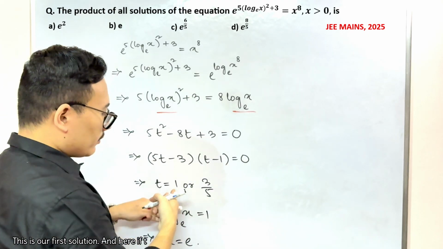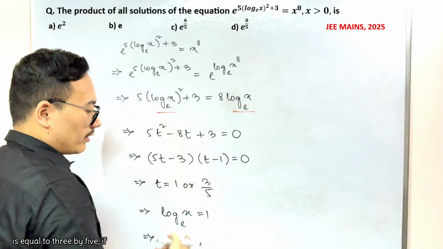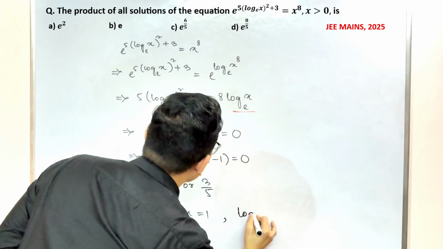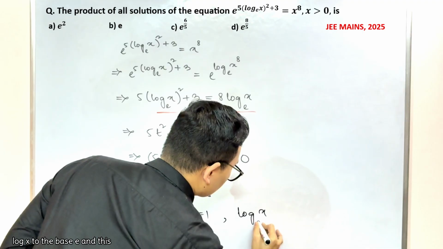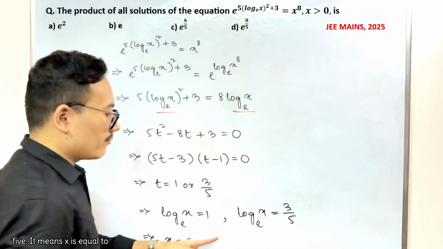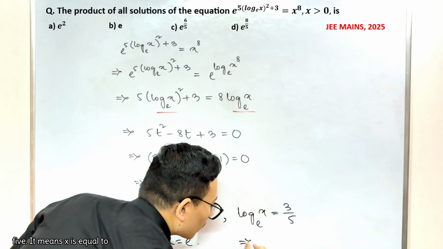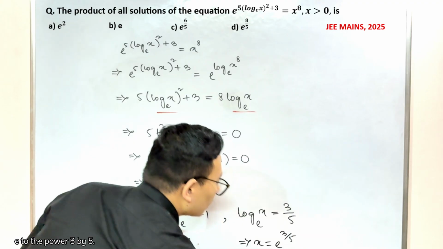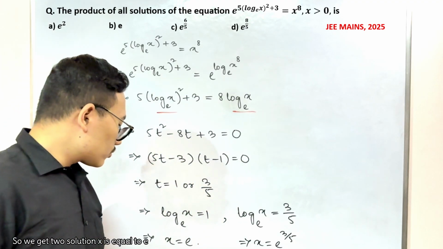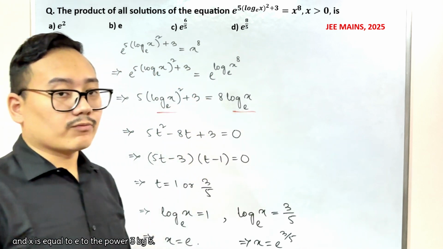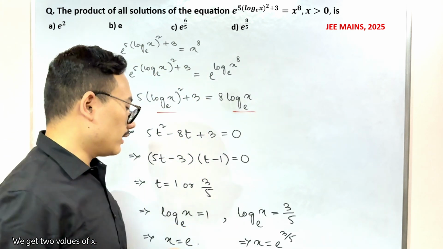And if t is equal to 3 by 5, then log x to the base e is equal to 3 by 5. It means x is equal to e to the power 3 by 5. So we get two solutions, x is equal to e and x is equal to e to the power 3 by 5.